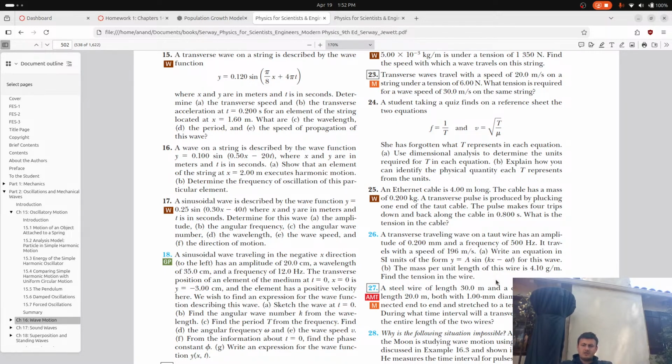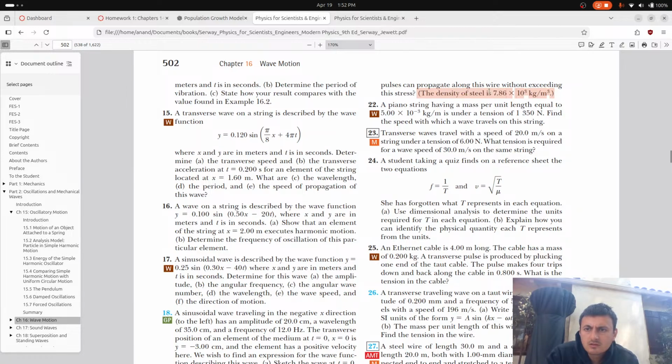Why does the diameter matter? Presumably because, oh, for real, this is what you have to use? The density of steel is 7.86 times 10 to the 3 kilograms per meter cubed.